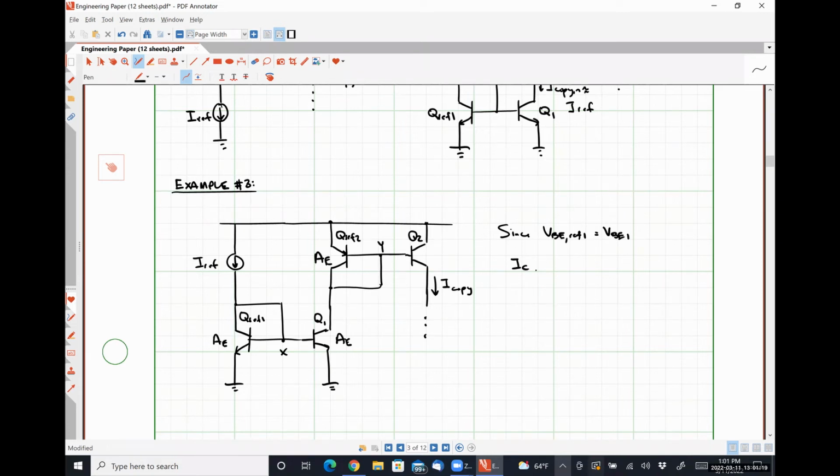That means IC ref 1 must be equal to IC1.